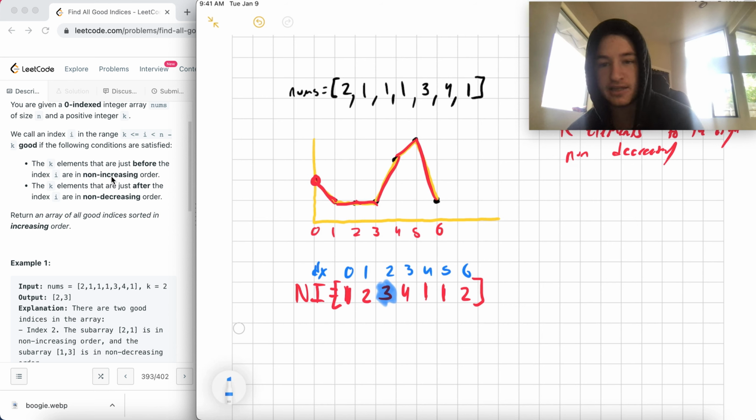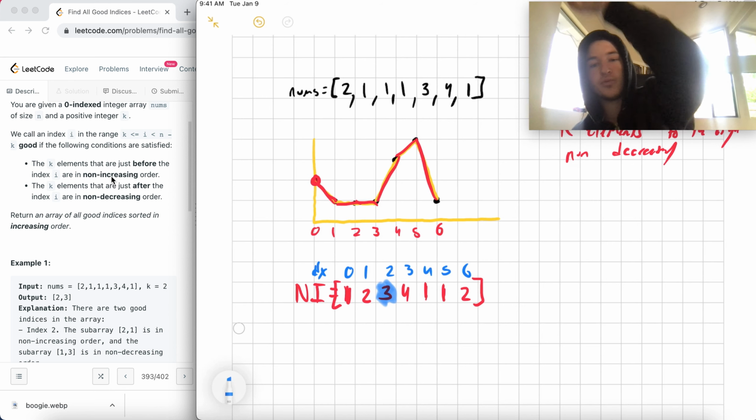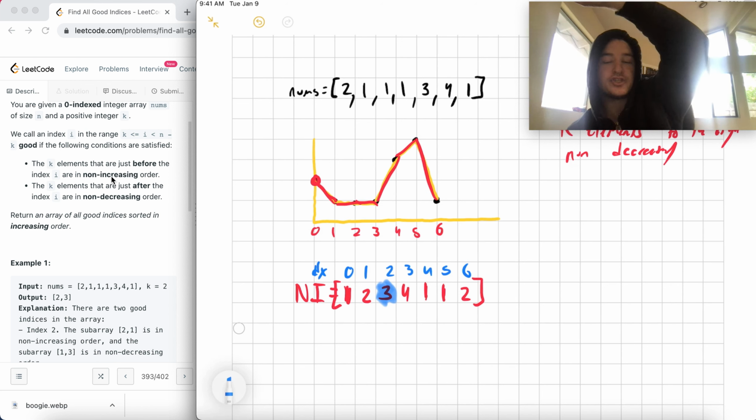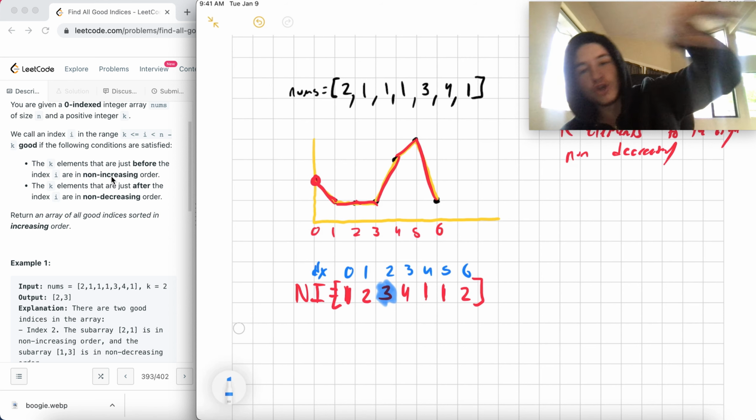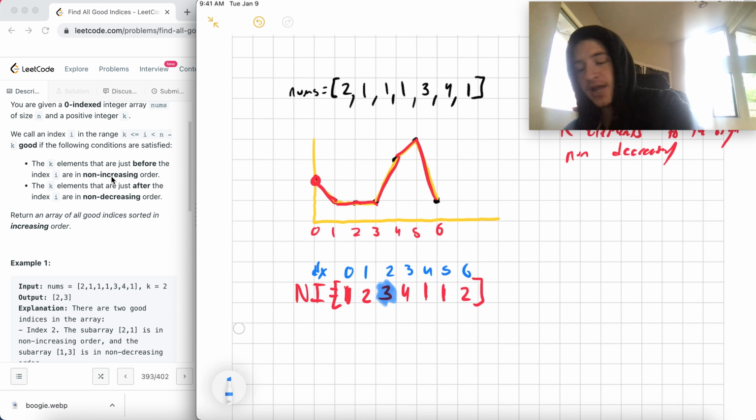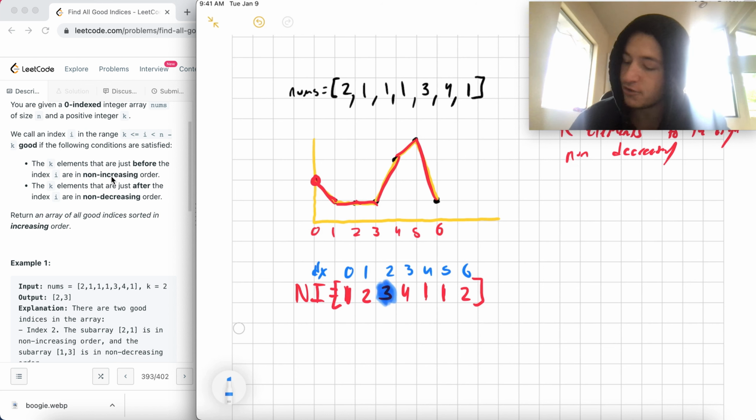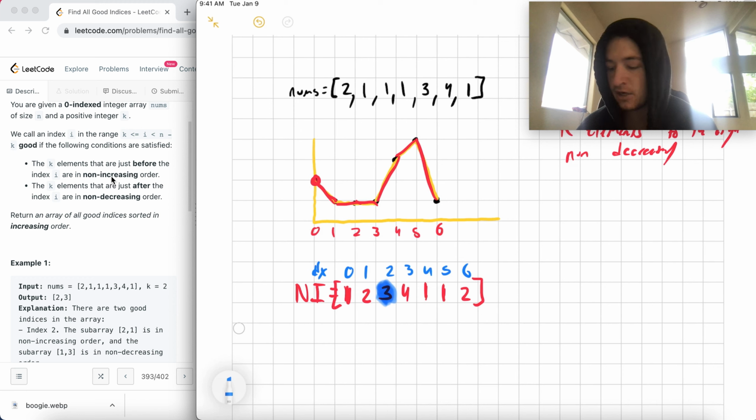That's how I calculated this, because every time something was non-increasing in a row, we kept adding 1. As soon as it broke, we had to restart that running sum. So I know here for sure that there's 3 elements in a row that meet the condition of being non-increasing. If I look at this point here, I can say for sure there's only 1 element in a row that is non-increasing.